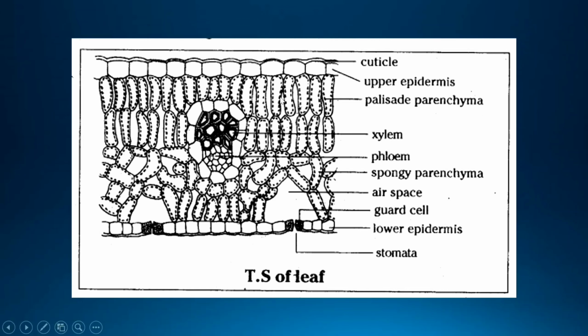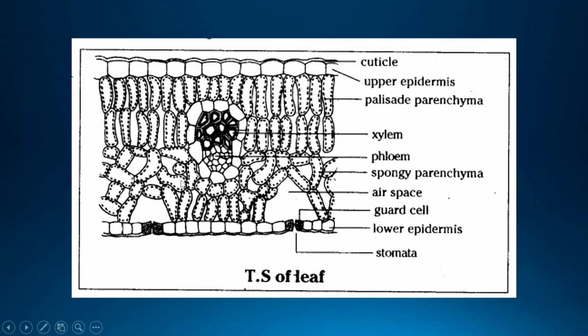This mesophyll is called palisade parenchyma. Above the lower epidermis, the mesophyll cells are irregular in shape and arranged very loosely, leaving many intercellular spaces. This tissue looks like a sponge, hence it is called spongy parenchyma.